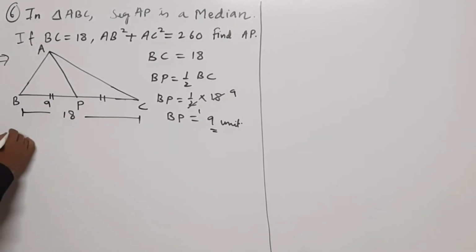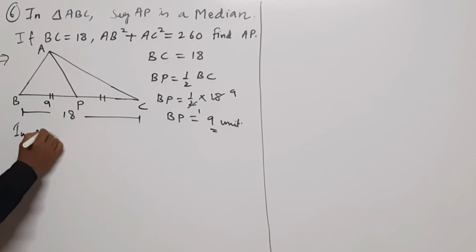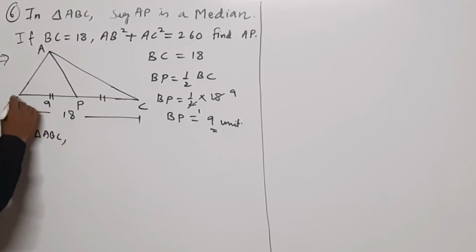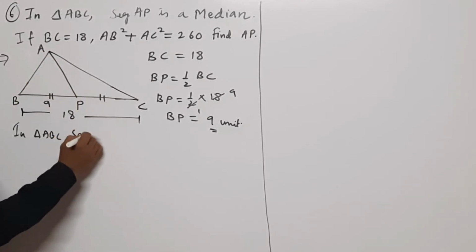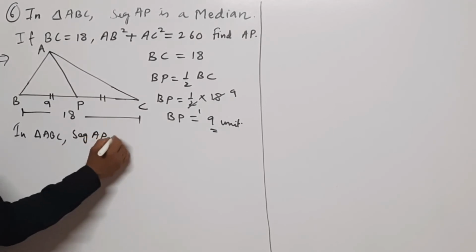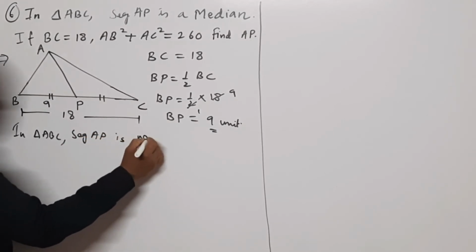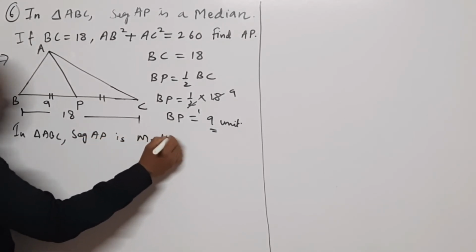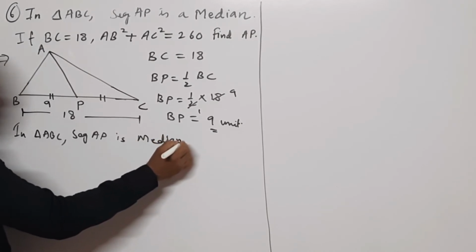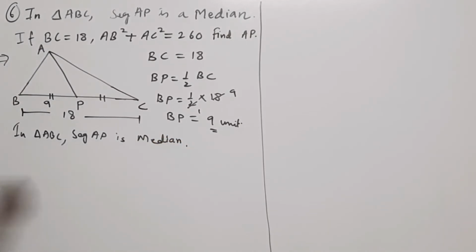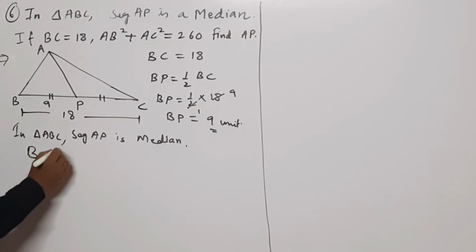Now in triangle ABC, segment AP is the median. Whenever there is a median, we should remember the Apollonius theorem. You have to solve this example by the Apollonius theorem.